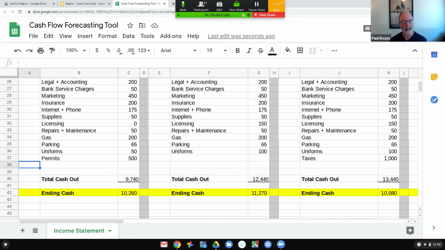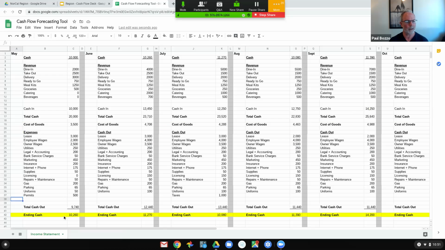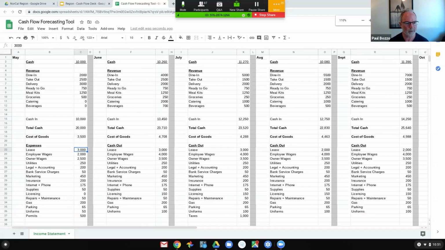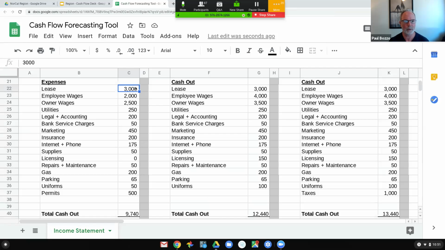So you now have a crystal ball to look and see what is my ending cash position. One more example, and then we're going to wrap here: let's say that my rent is going to be cut in half. Hang on just a second. Total cash goes down.